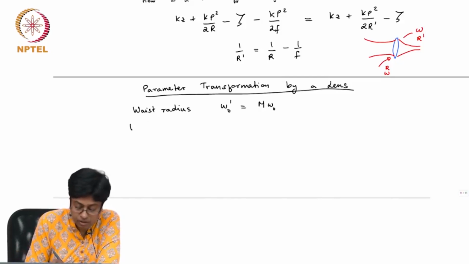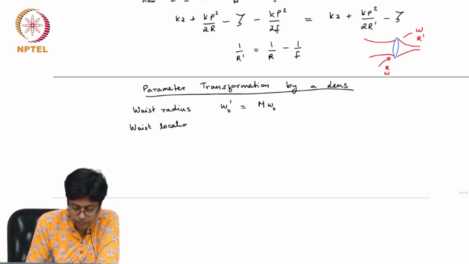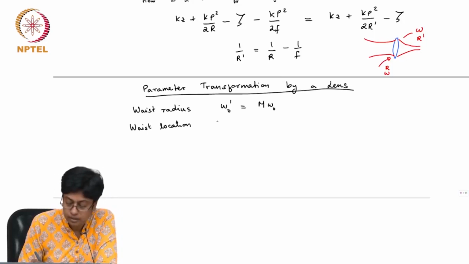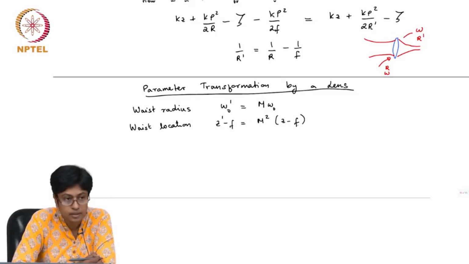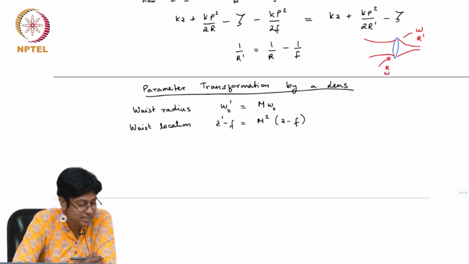So, the location of the waist. What do I mean by Z and Z dash?